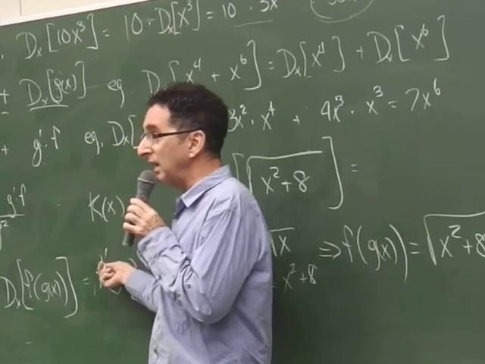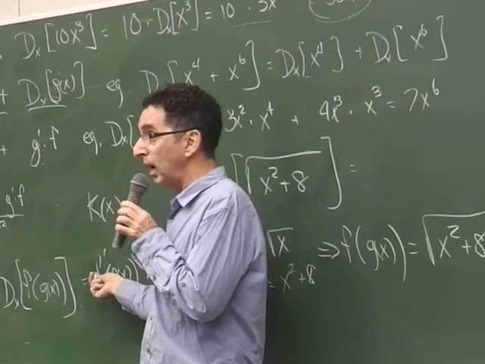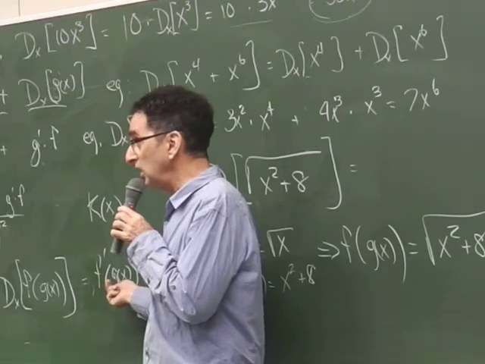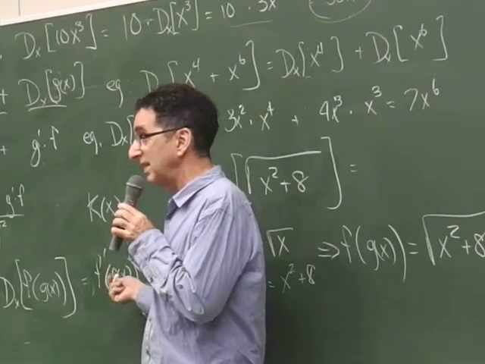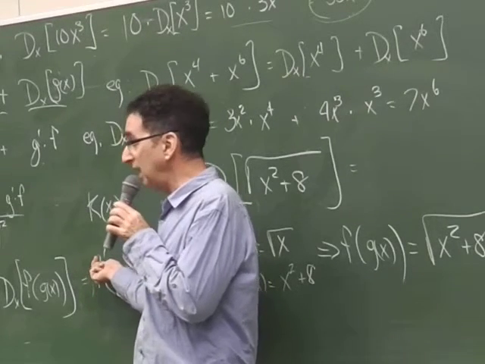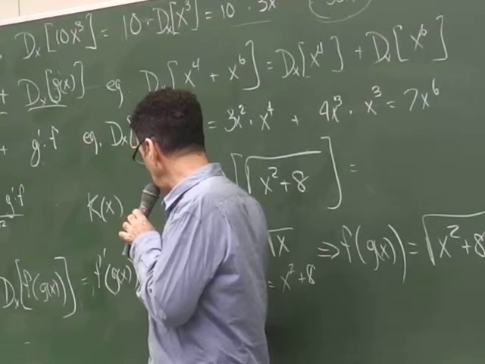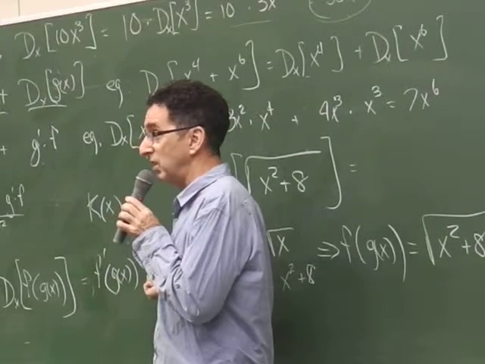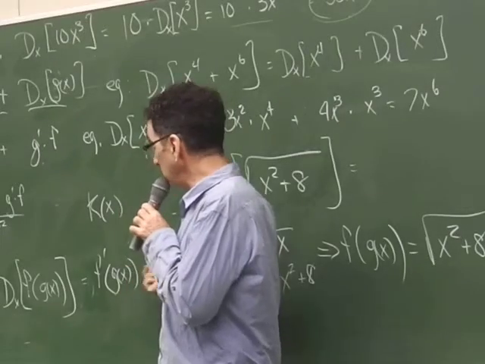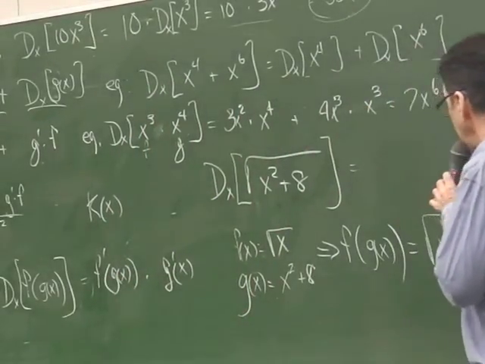Read it from the outside. So it says first find f prime, and then put g into that. That's not so confusing if you think about it like that. And then this part is very simple, just find the derivative of g. And then multiply the two together. So it's not that complicated actually.